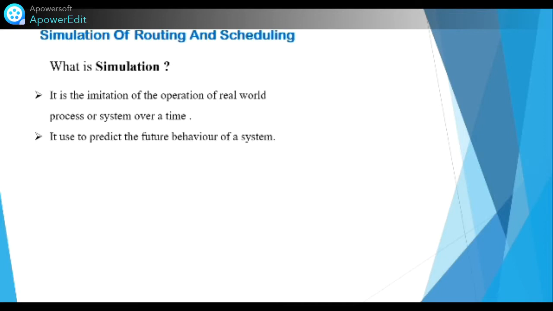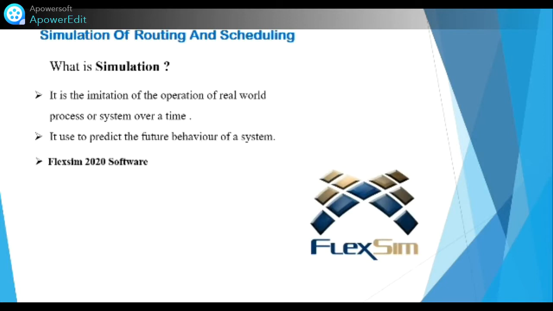For simulation we use different softwares for different operations. For simulation of routing and scheduling we use the Flexsim 2020 software. Here is the Flexsim software. You can easily download it from Google.